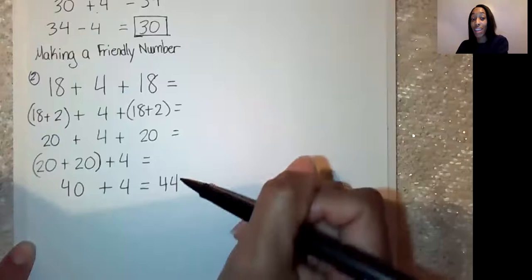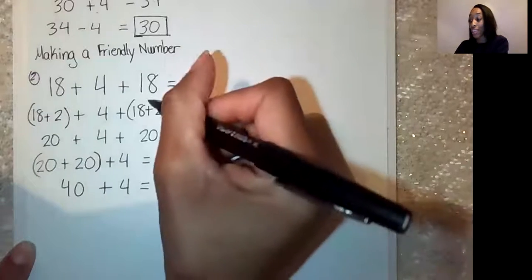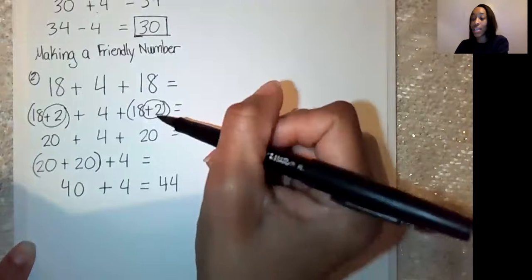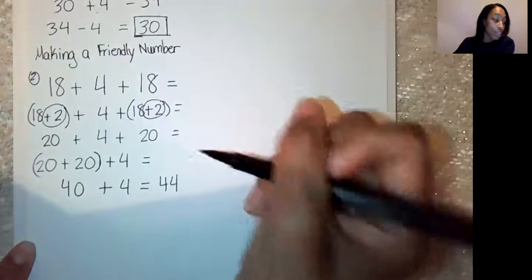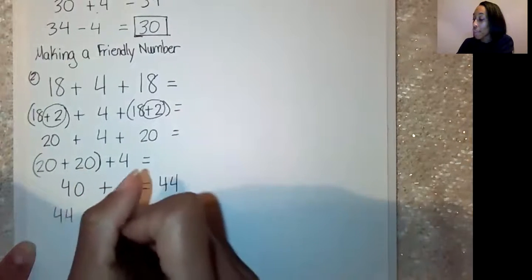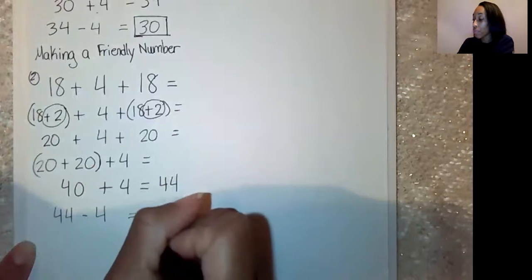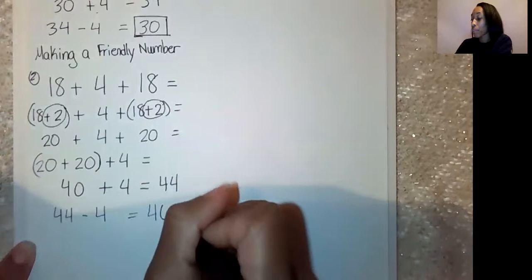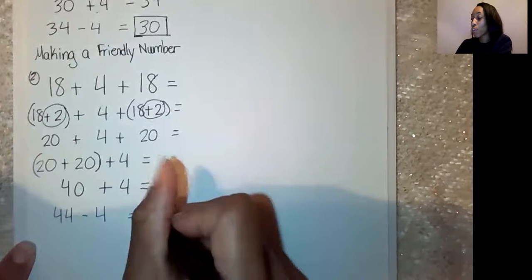Remember, I'm not done yet. I have to go and take these away because these were not our original addends. I just did that to get to a friendly number. So now I have 44 minus 4, because 2 and 2 are 4. Final answer, 40.